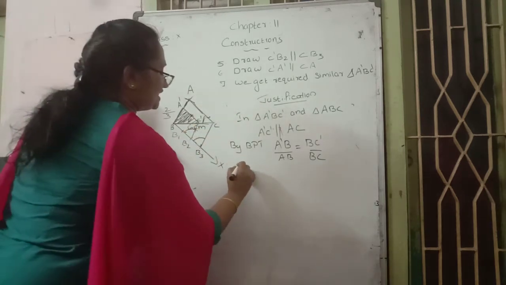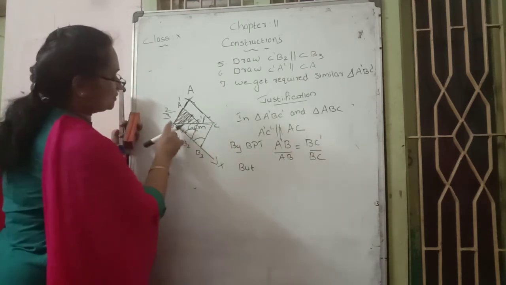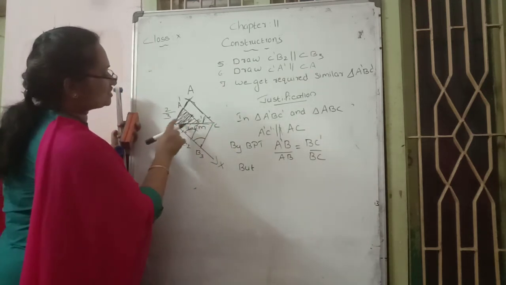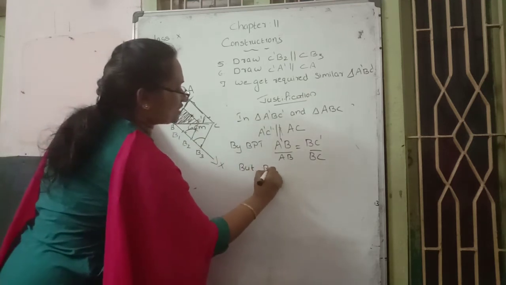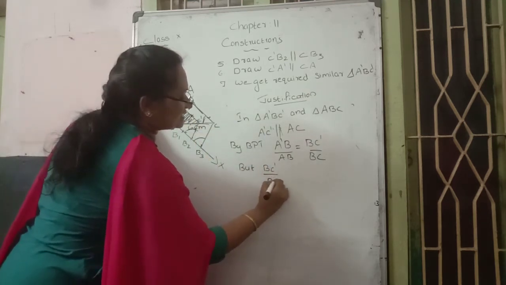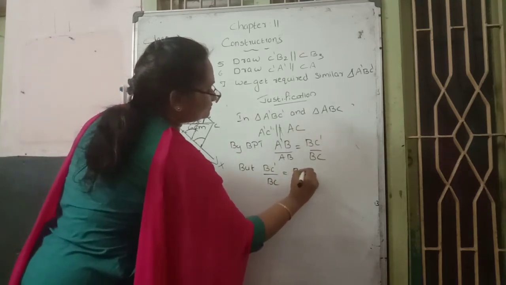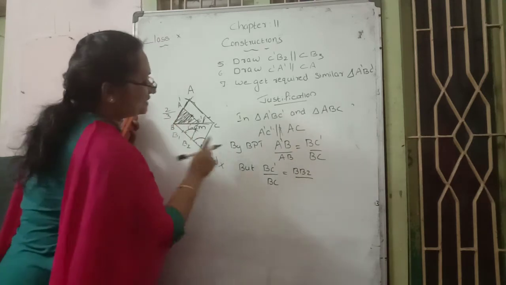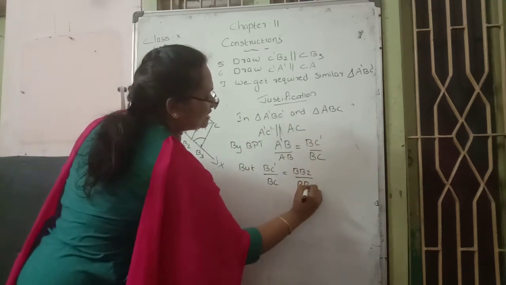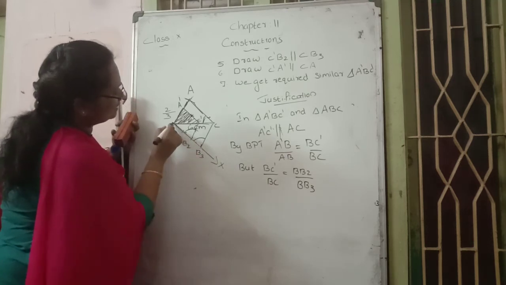But we know that, in the downward part, BC dash by BC is equal to BB2 by BB3.